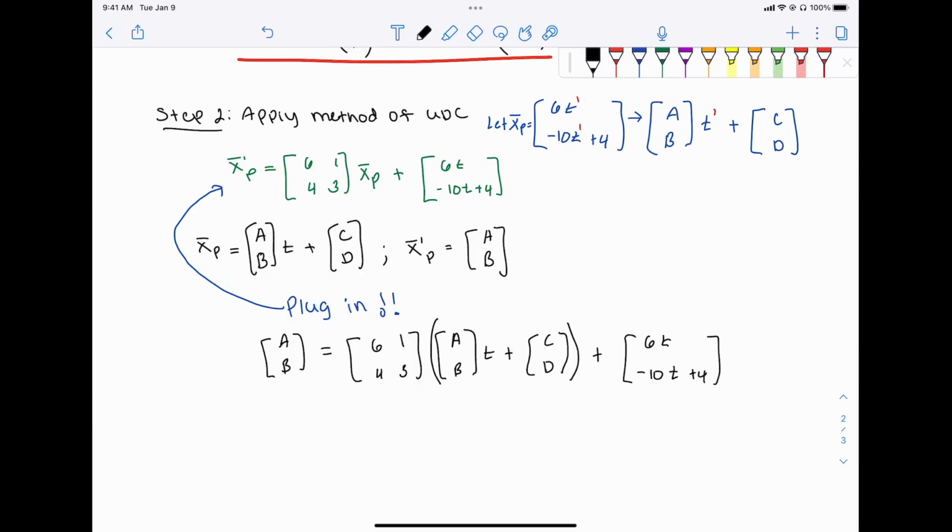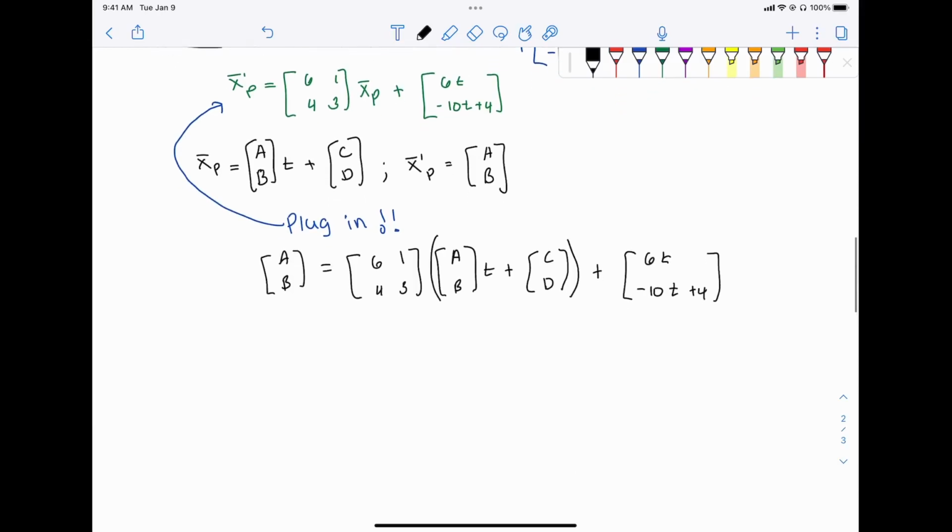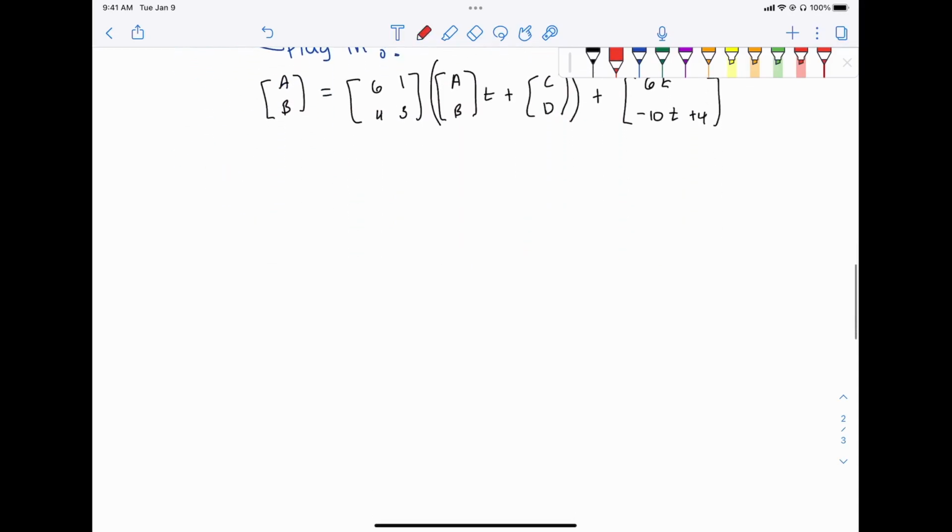Okay, once we plug this in, in this case, since we basically only have two rows here, we'll have two equations. Okay, so how do we find this first equation?